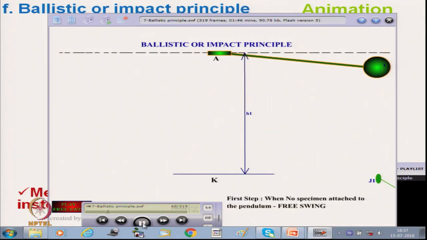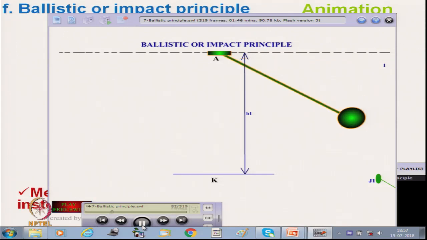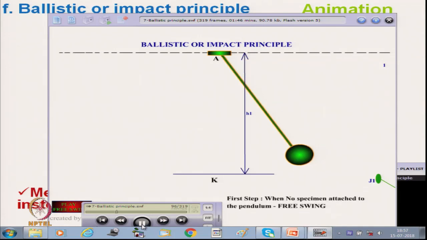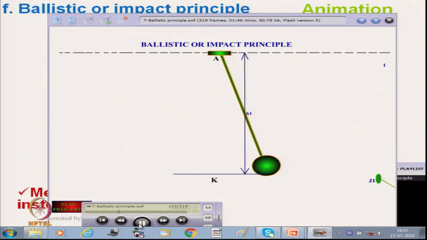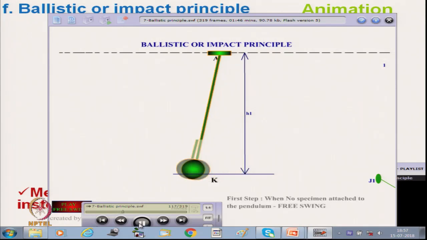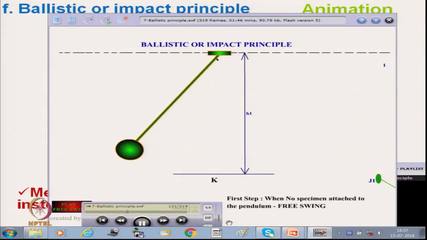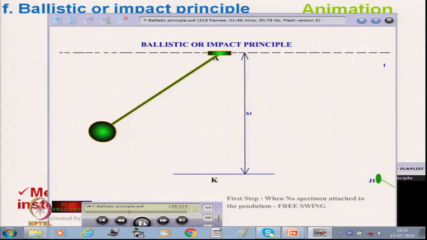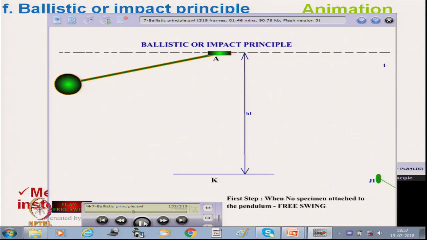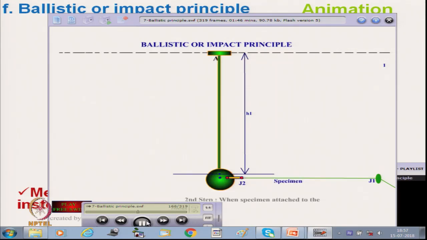Now, it is coming down, a free swing. The pendulum is swinging, ideally it should swing up to the extreme point. This is the free swing.